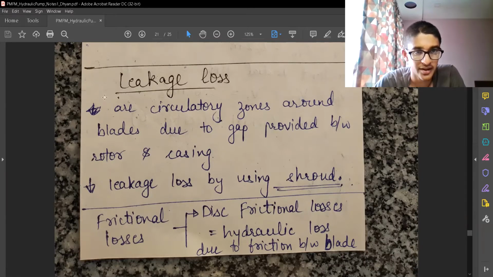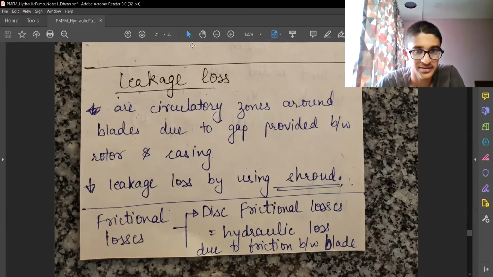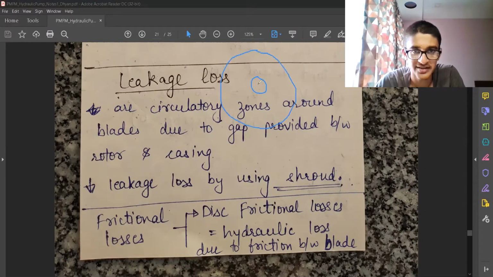So they occur by circulating zones around the blade due to the gap provided between rotor and casing. So we know that in the blades, here is the inlet and here were the blades. So there is a gap between the casing, this is the casing, and the rotor blades.